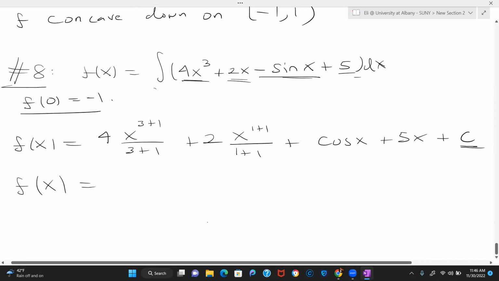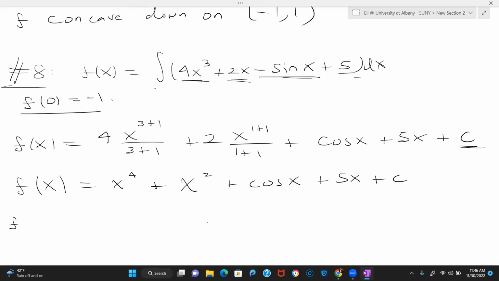So let's simplify a little. The 3 plus 1 and the 4 cancel, so you get x to the fourth. The 1 plus 1 and the 2 cancel, so you get x squared plus cosine x plus 5x plus c. So our condition, or constraint, or whatever you want to call it, is that f of 0 is equal to -1.